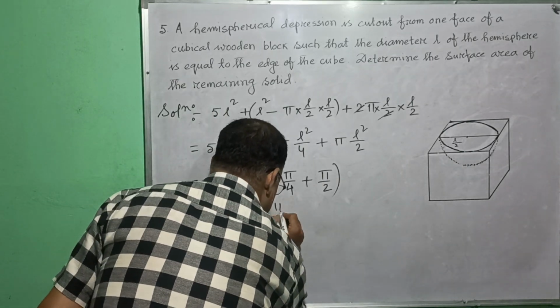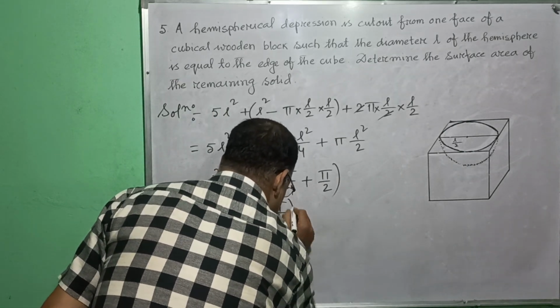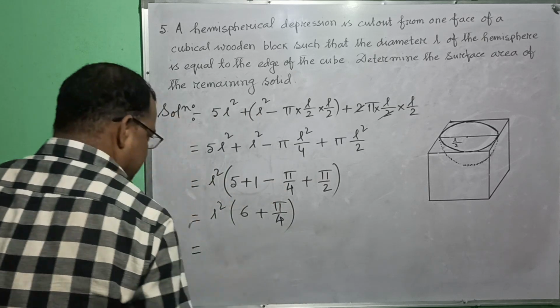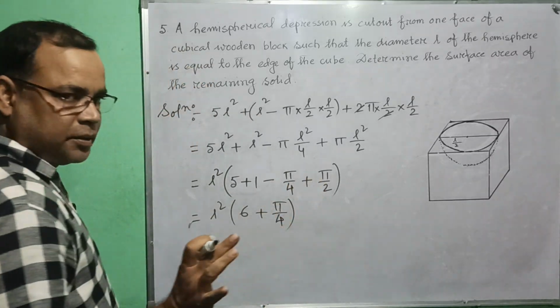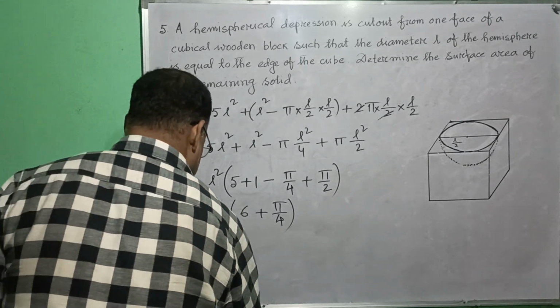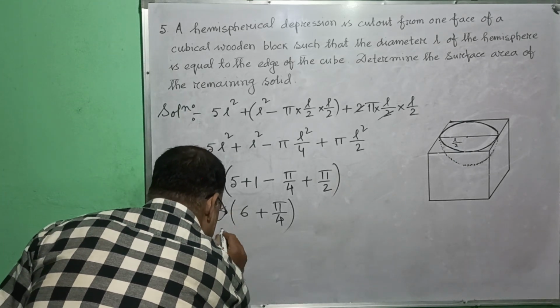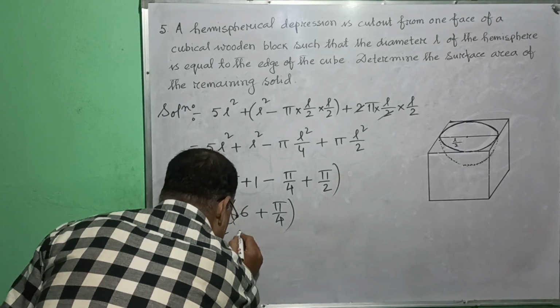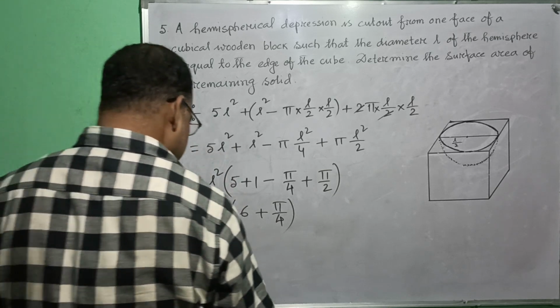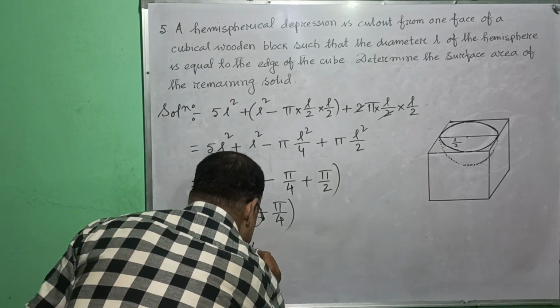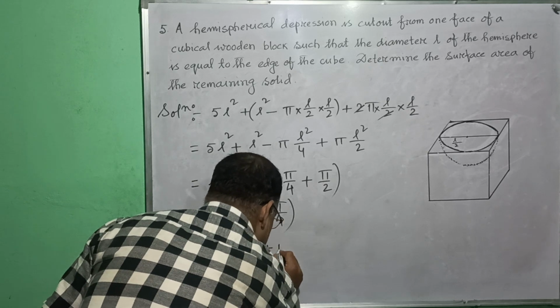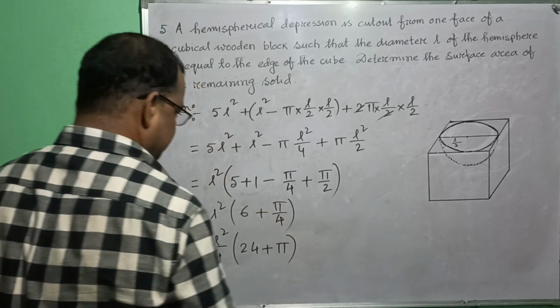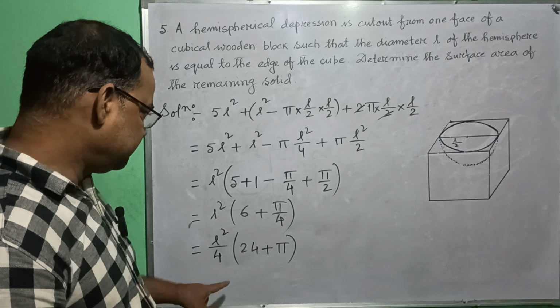So plus pi by 4. This is the answer, or if you want to simplify, we can write it as L square by 4 into 24 plus pi, or pi plus 24. So this is the answer.